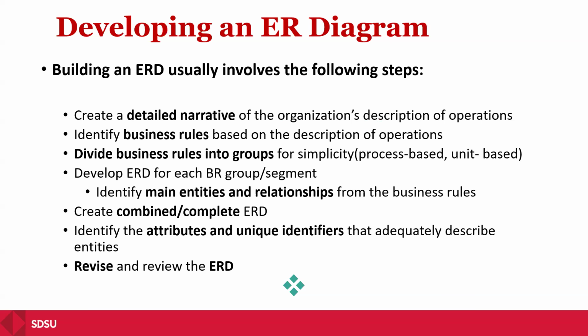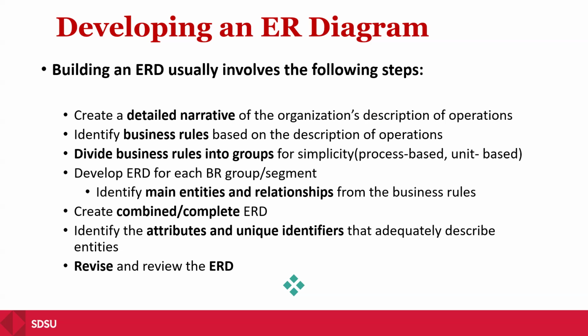We need to understand how the business actually operates. Then we need to split those business rules into multiple groups, for simplicity, because it's easier to work on part of the business description, easier to digest and simpler to understand.